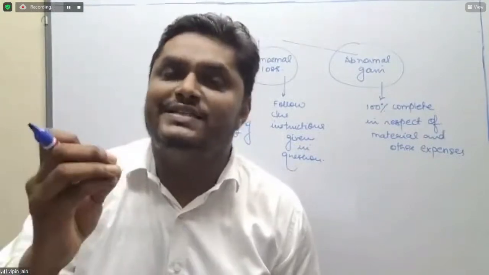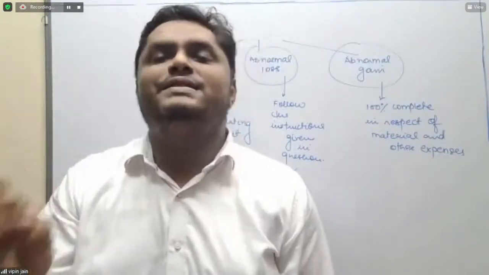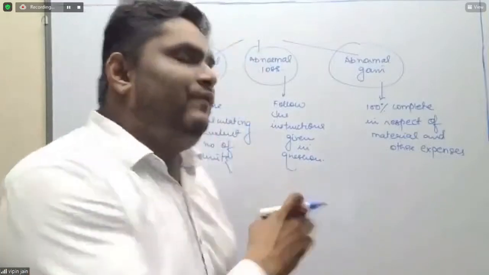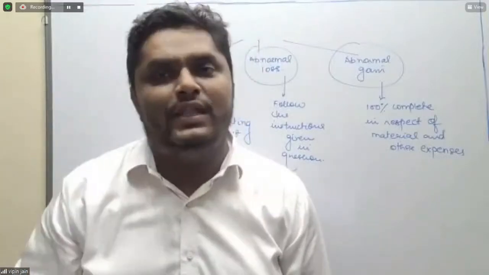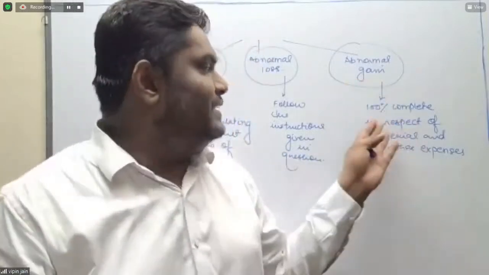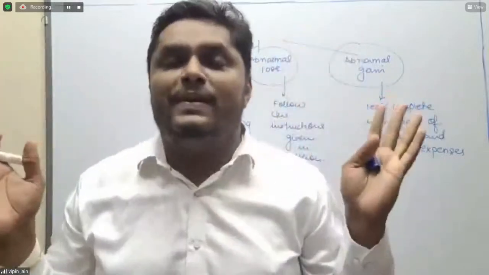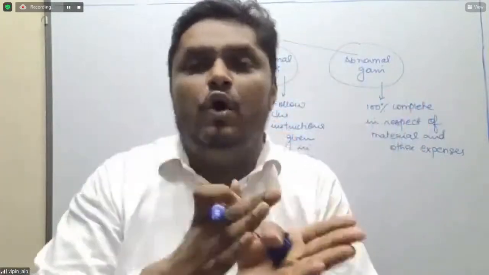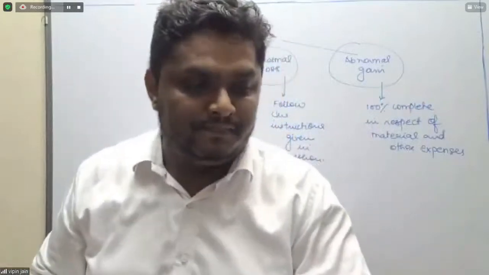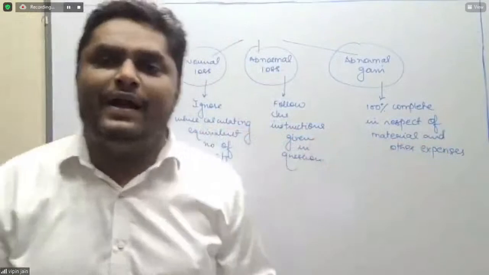Let's say if in question it is given material is 100% complete, labor and overheads are 60% complete, so we follow the instructions given in the question. As far as abnormal gain is concerned, very simple. You have to assume that it is 100% complete, since it is a saving in normal loss. So I request you guys to please copy this part.